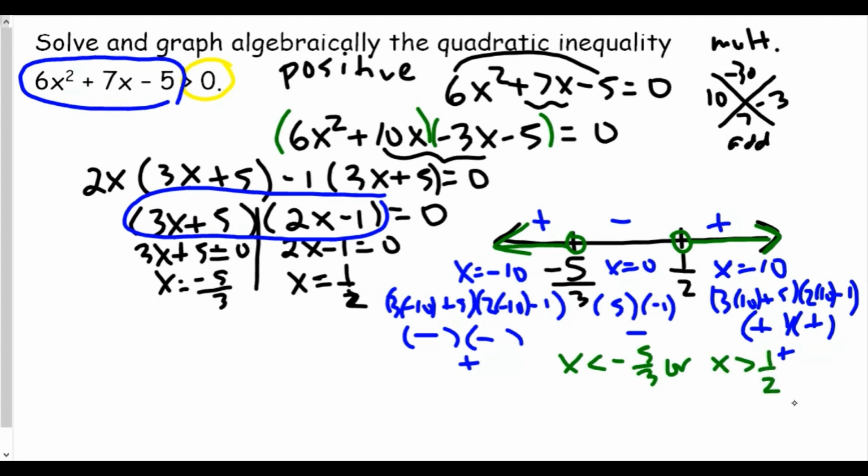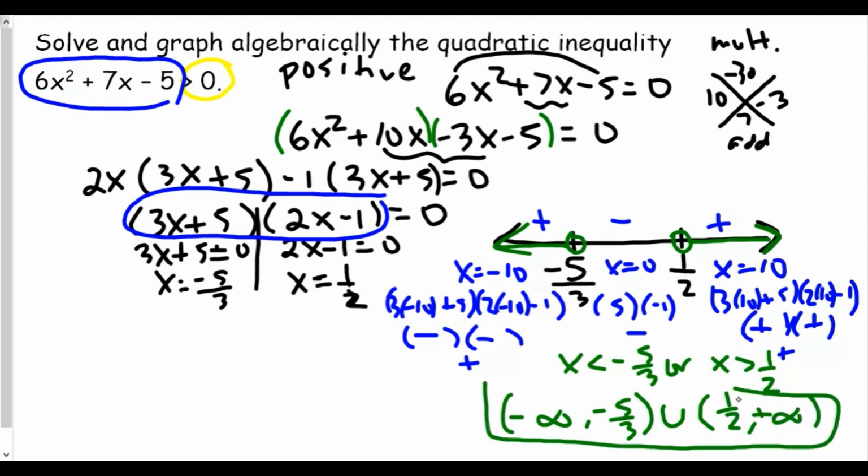In interval notation, it's negative infinity to -5/3, with open parentheses because we're not including the endpoints, union 1/2, comma, positive infinity. And so this would be our interval notation solution.